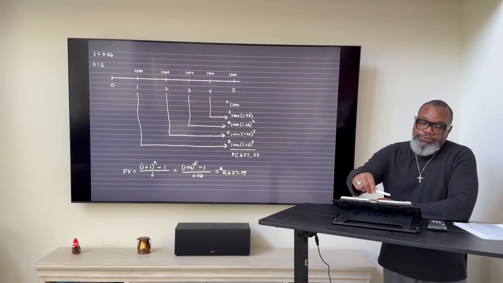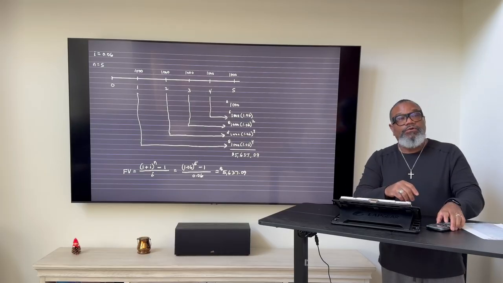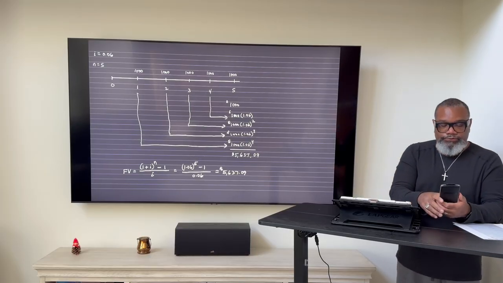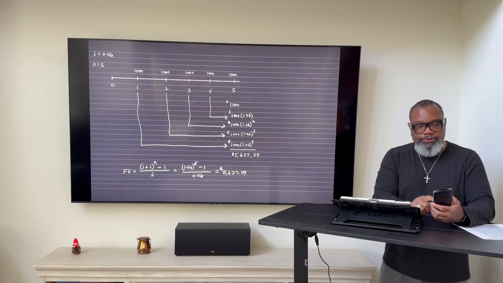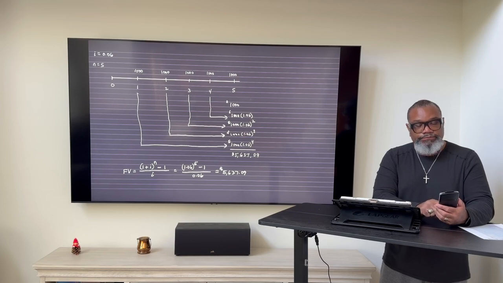Now you can also do this by using the TVM solver on your financial calculator. So let's look at how that would work. So again, N is 5, 6 is the annual effective rate, so that's I/Y. The payment is 1,000.